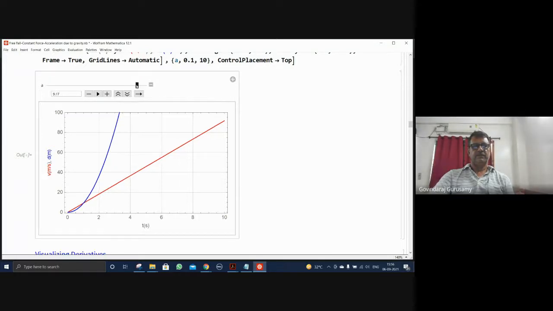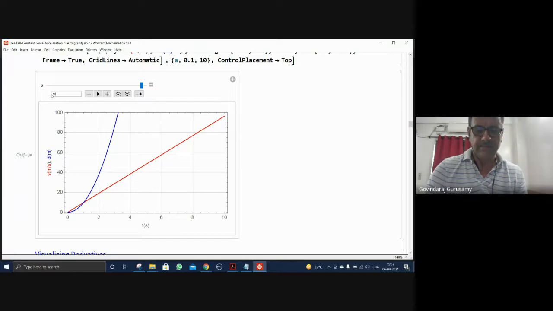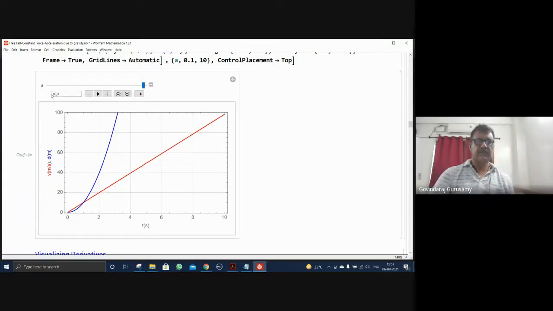So I have to move slowly, and this corresponds to the constant acceleration due to gravity. Or you can just enter 9.81 here. That's all. 9.81 is this curve, the acceleration due to gravity. Any other acceleration? Well, this is increasing further, it comes down.